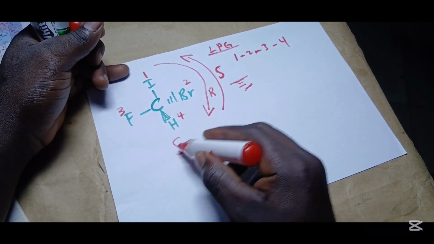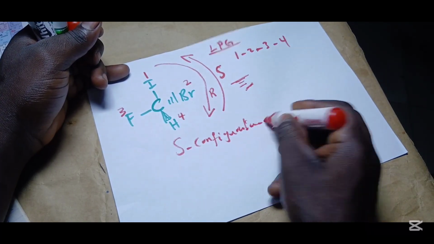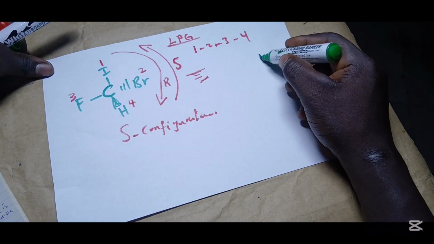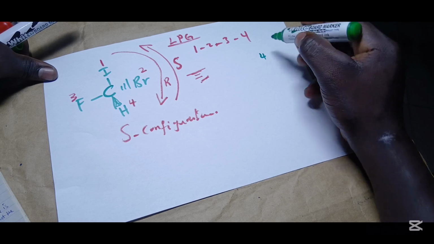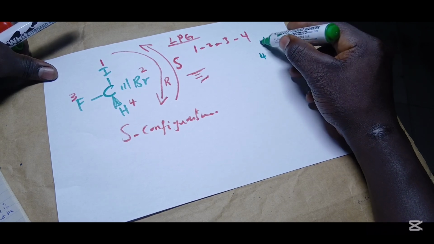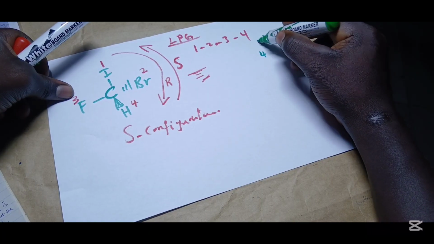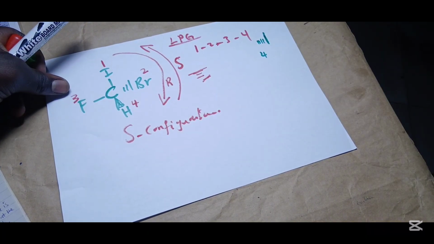So this molecule has an S configuration. So always you have to make sure that your least priority group is at the back of the chiral center, I mean on the dash wedge. If it's not on the dash wedge, then you have to reverse the configuration.